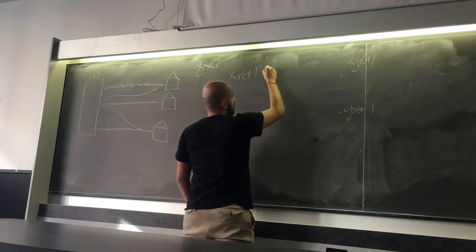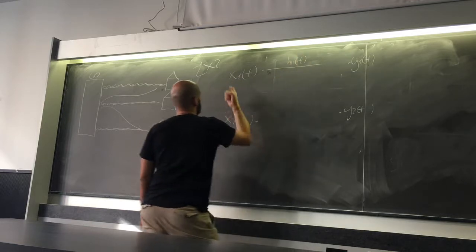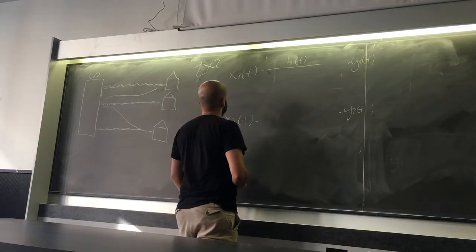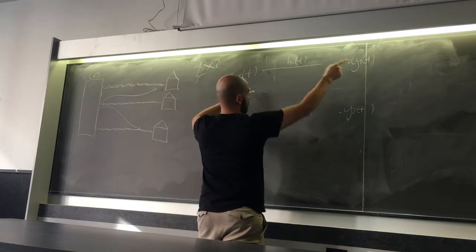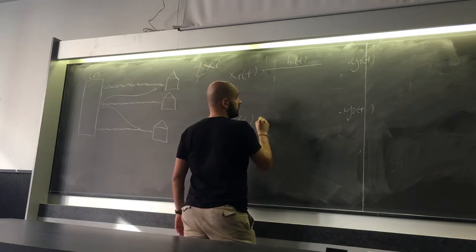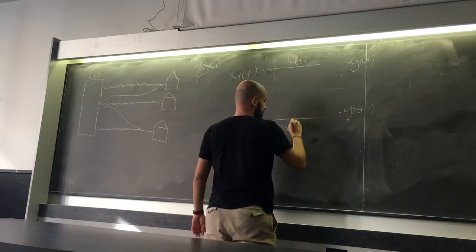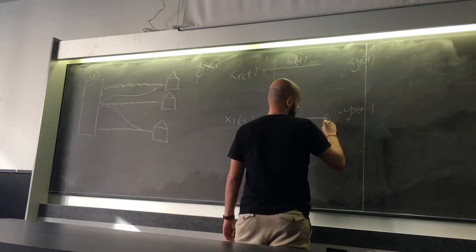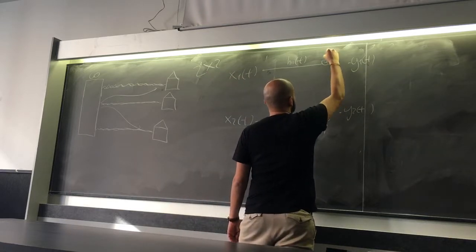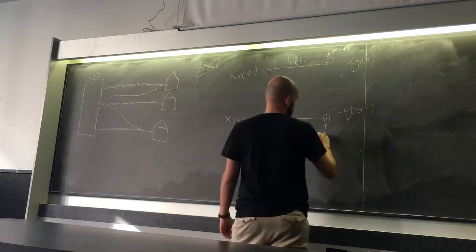So you have here the direct channel between, say, the first input and the first output, the service provider and you. Then you have the direct channel between the service provider and your neighbor. As always, you have some noise, which will always be there.